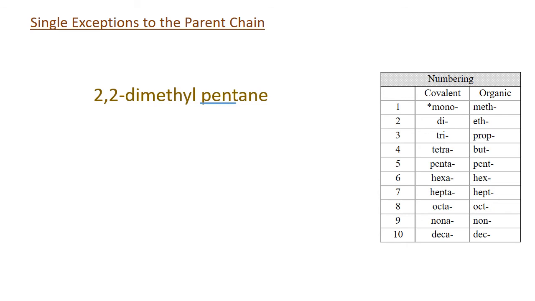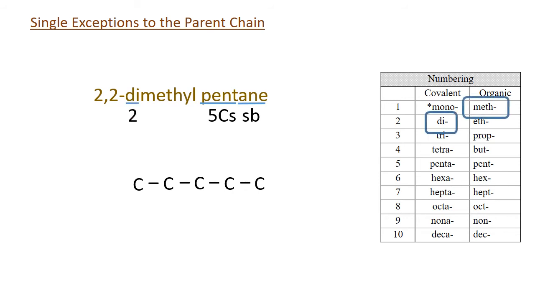2,2-dimethylpentane. Pent again means 5, so I have 5 carbons, and ane means singly bonded, so 5 carbons singly bonded. So 1, 2, 3, 4, 5 carbons. Then I have di, which means 2, and meth means 1, so I have 2 1-carbon chains.